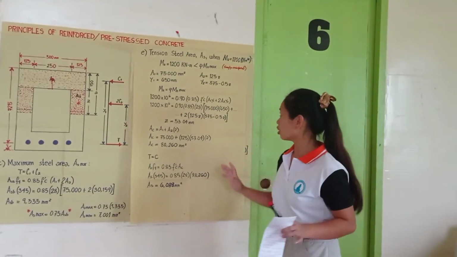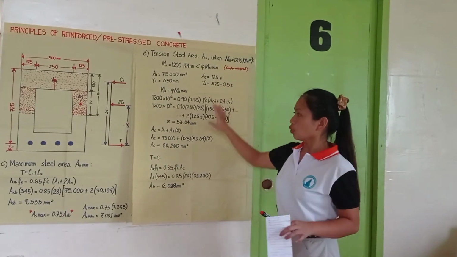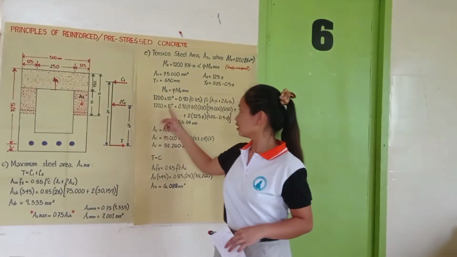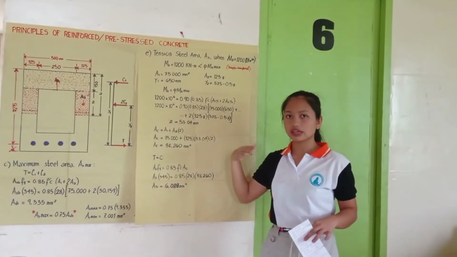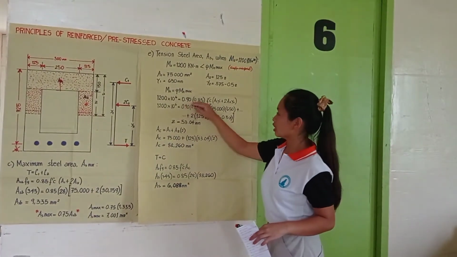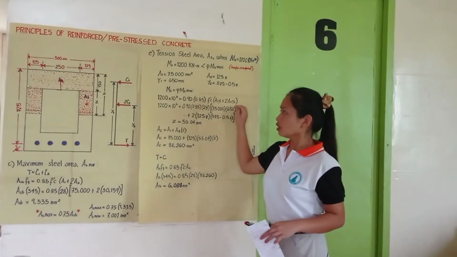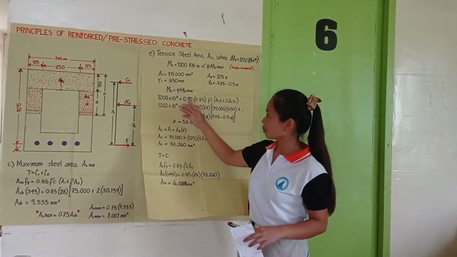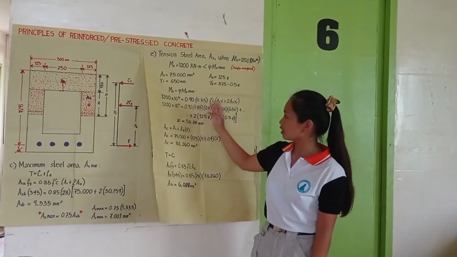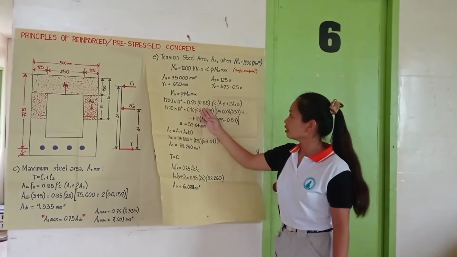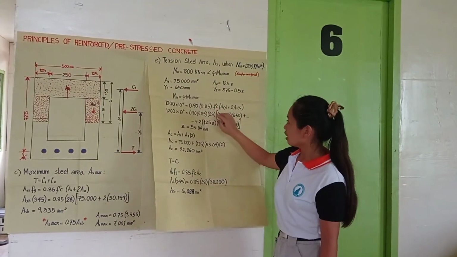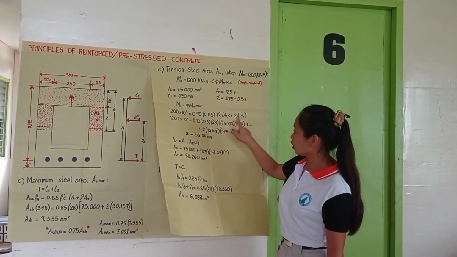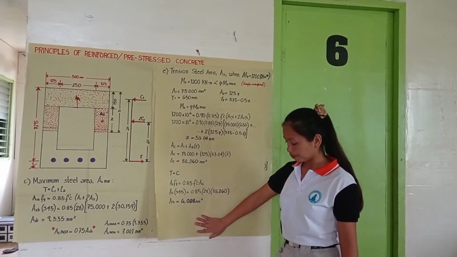Since it is in terms of kilonewton meters, we will multiply it by 10 raised to the power of 6 so that it has the same units as these numbers. So that is 1,200 times 10 raised to 6 equals 0.90 times 0.85, that is our beta 1, times f prime c, A1 Y1 plus 2 A2 Y2.